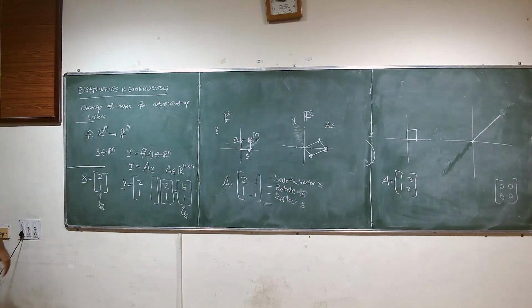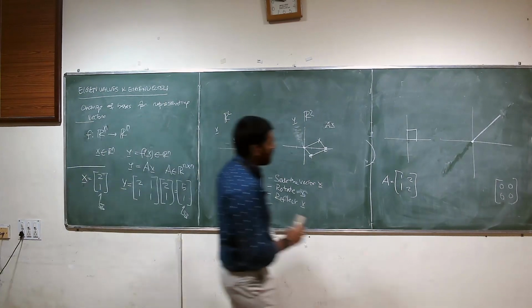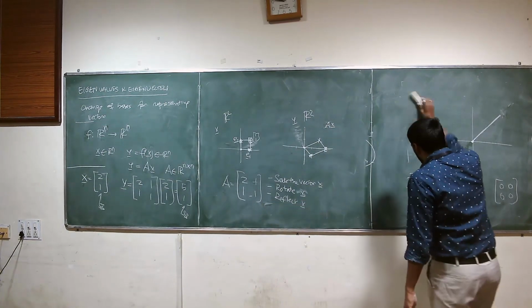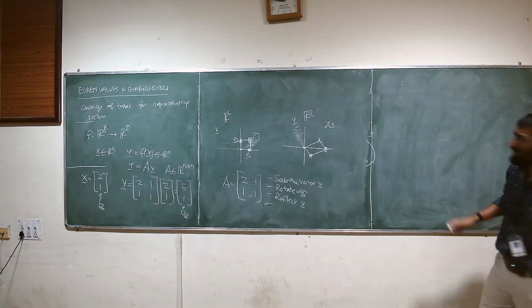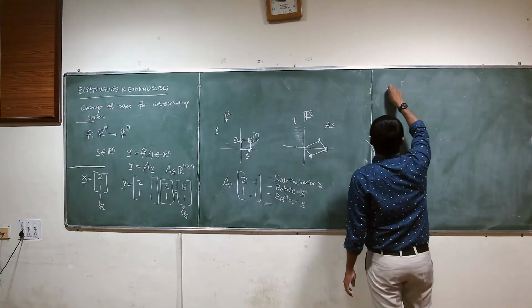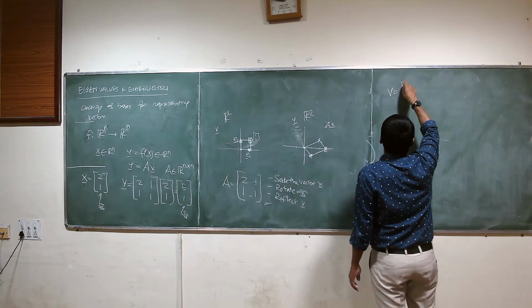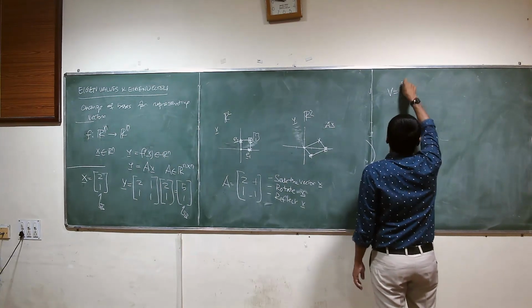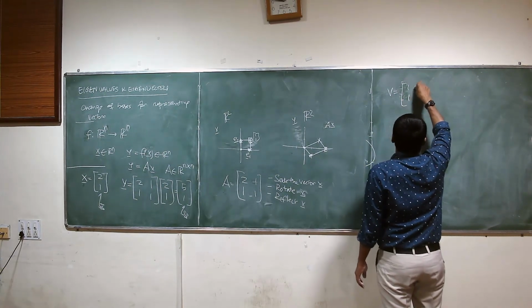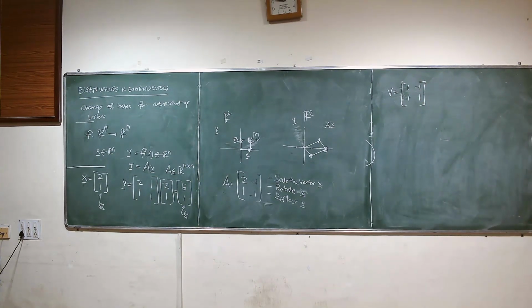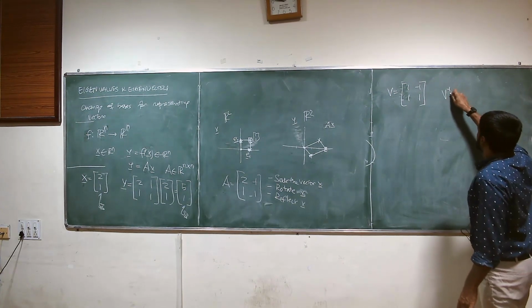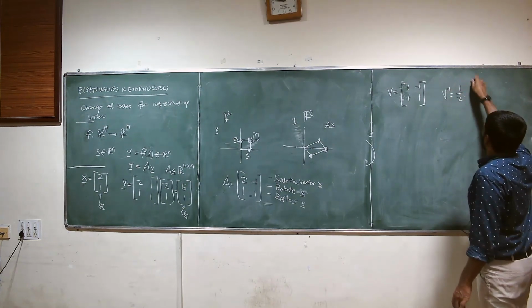Now, let's say maybe you like the standard basis, but I don't. I want to work with this weird basis V. I'll just write the matrix 1, 1, minus 1, 1. The inverse of this matrix, you can work it out, but I'll just write it down.